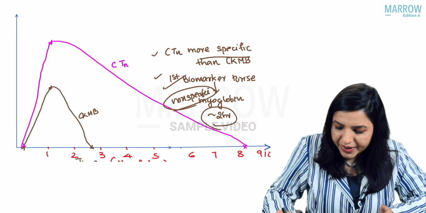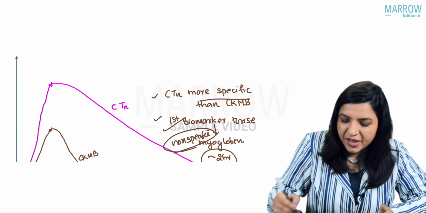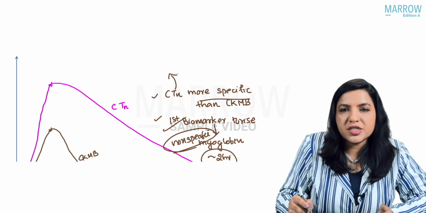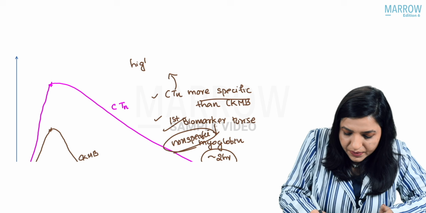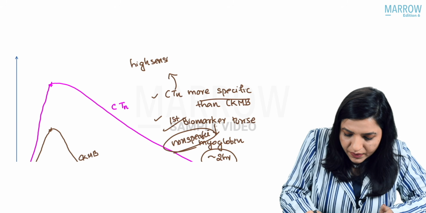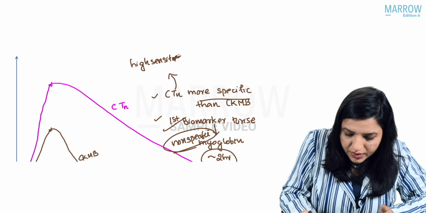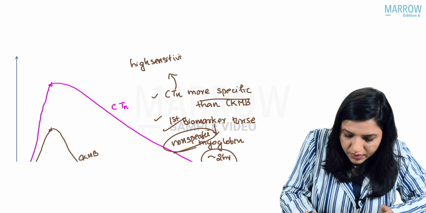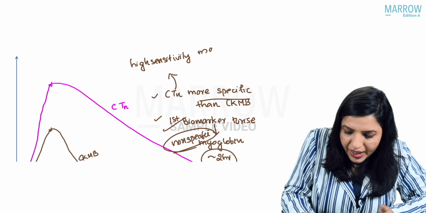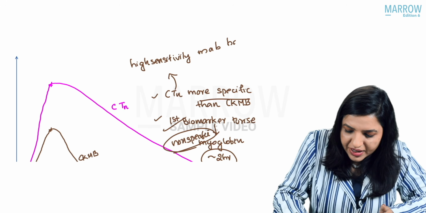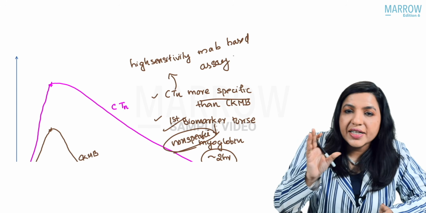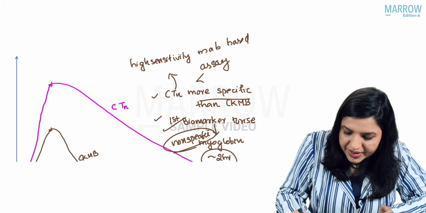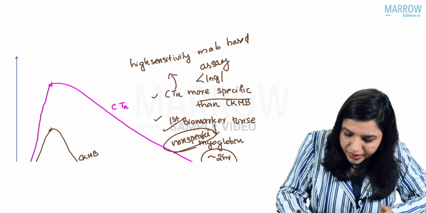Then one more advantage for cardiac troponins is that there are now high sensitivity monoclonal antibody based assays, which can detect cardiac troponins to less than 1 nanogram per liter.